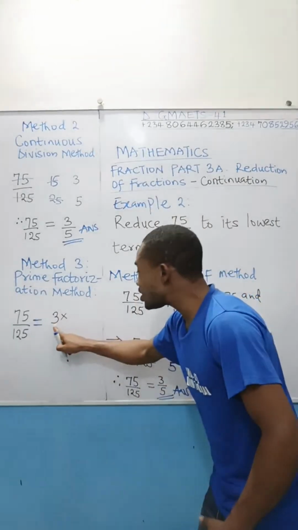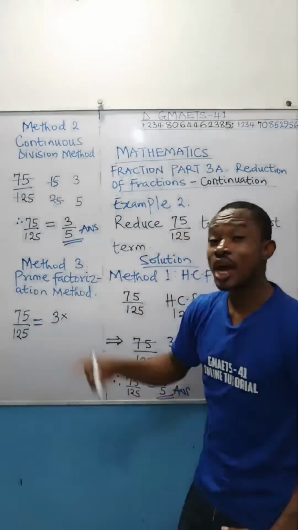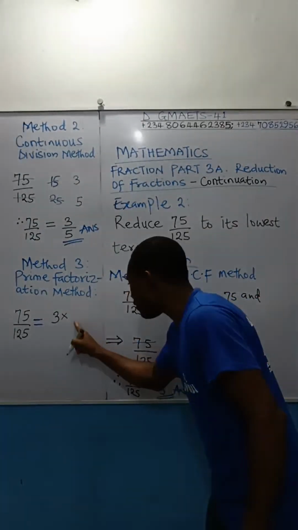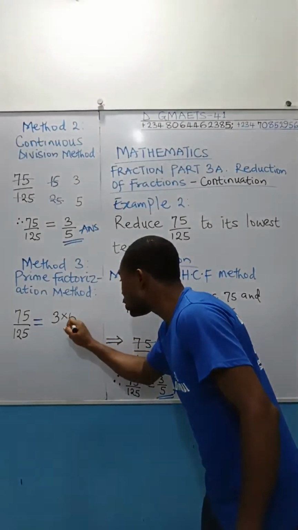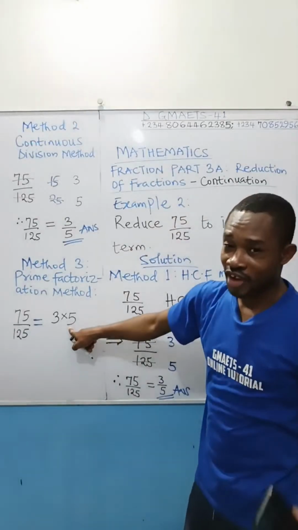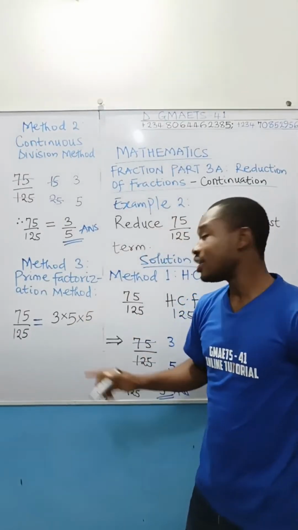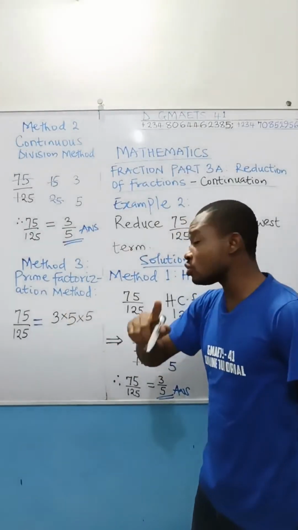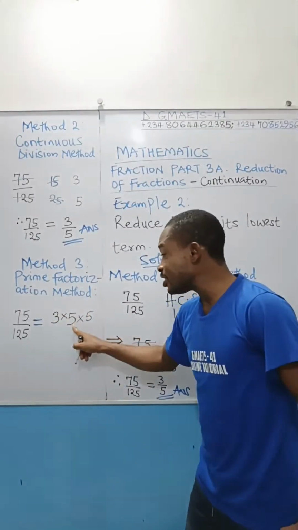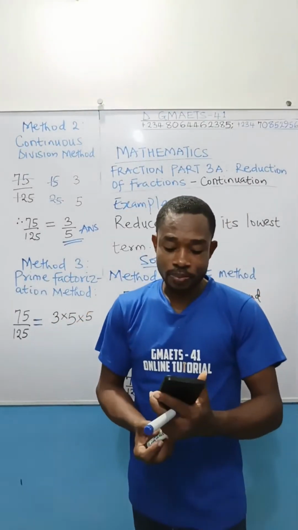Which means that 25 will be broken down by 5. So instead of writing 25 here, I am going to write 5, which will divide 25. If 5 divides that 25, you are going to get 5 as the answer. That is why 5 times 5 will give you 25. So you see, in place of that 25, we have replaced it with 5 times 5. 5 is a prime number.